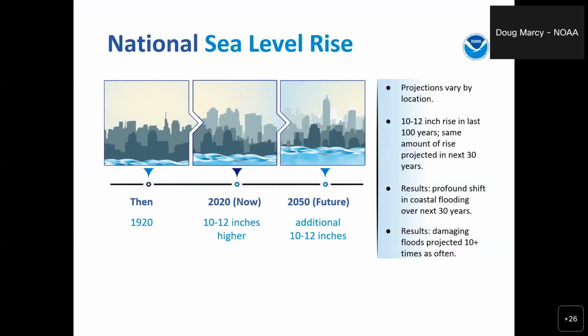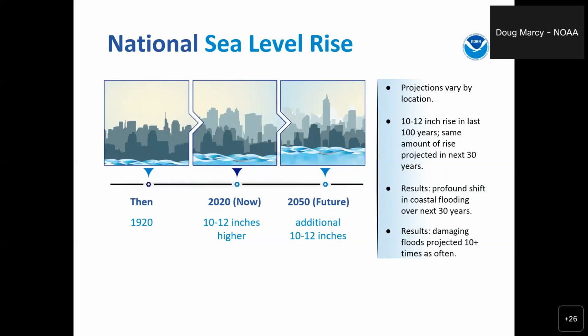So we've seen since 1920 to now about a foot of sea level rise in the U.S. This is going to average around the country. Obviously, projections vary by location. And what we're poised to see is the same amount of sea level we've seen in the last 100 years will occur in the next 30 years. And you probably just saw an article that just came out.